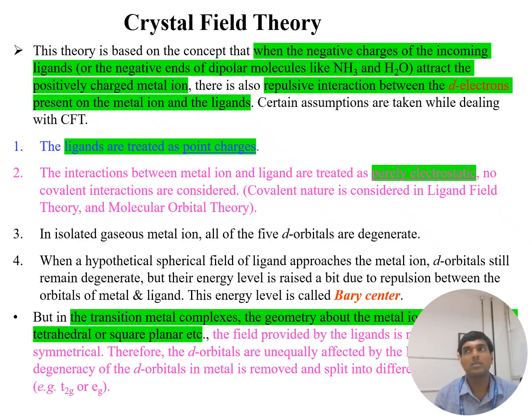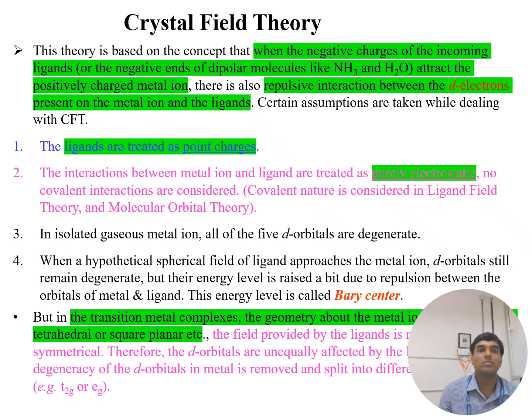Ligands should be considered as point charges. Interaction between ligand and metal is electrostatic. Here, the metal will have positive charge or be neutral. Whenever the metal ion is free, all d orbital electrons are degenerate, but when the ligand approaches, this degeneracy is lost.